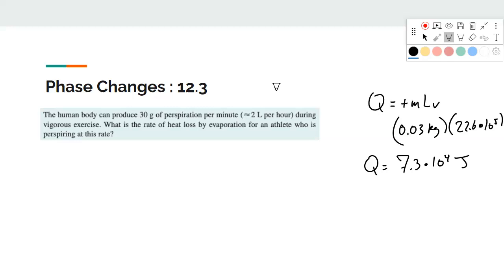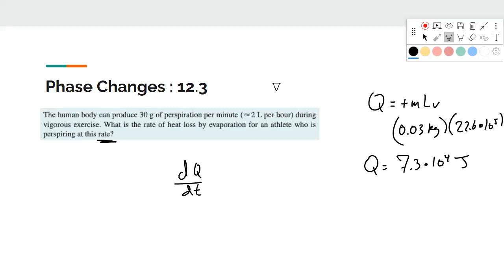But they ask us for the rate that we're perspiring at. And so, you'll see this written as dQ/dt, but if you don't know calculus, you don't need to worry about the derivative here. Just remember, it's very similar to velocity. It's how much energy we are emitting or gaining over some amount of time.